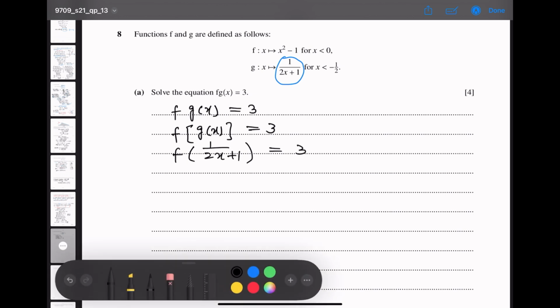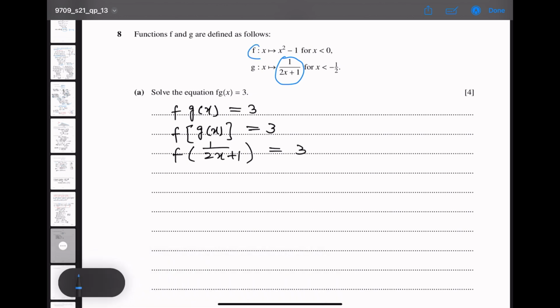Now we will compare it with the function f(x). f(x) is equal to x squared minus 1. We put here the value of x as 1 over 2x plus 1.